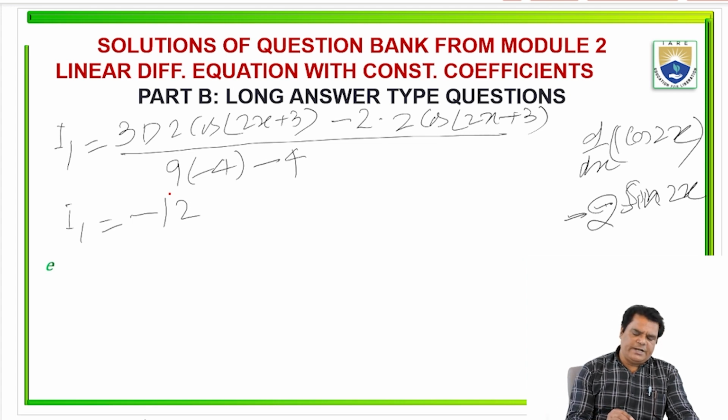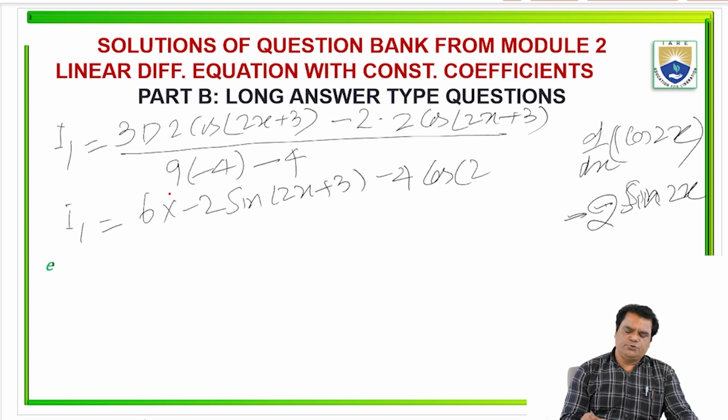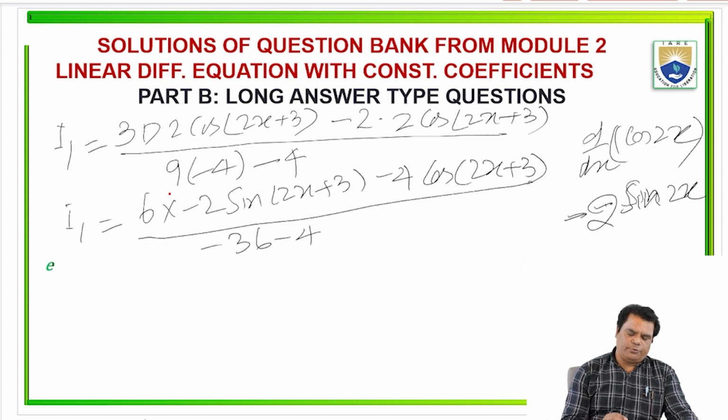So we apply here minus 2 sine 2x. So we apply here one time formula, 3 into 2 is 6 into minus 2 and sine(2x + 3). And here is minus 4 cos(2x + 3) upon minus 36 and minus 4.